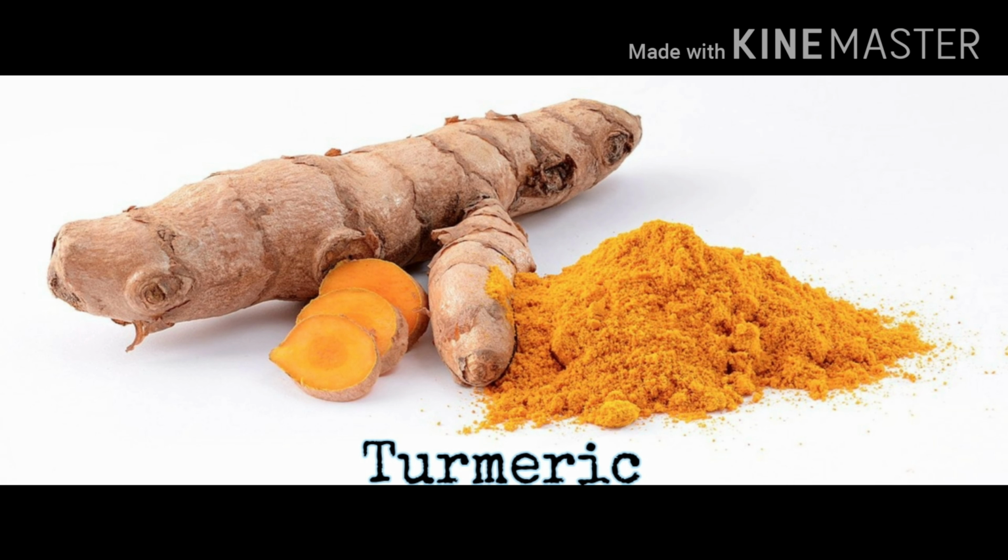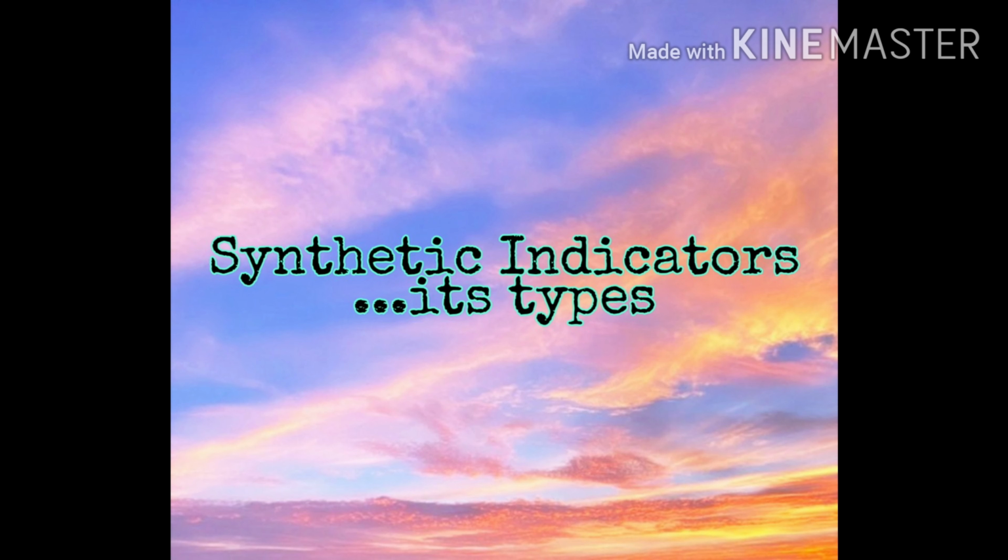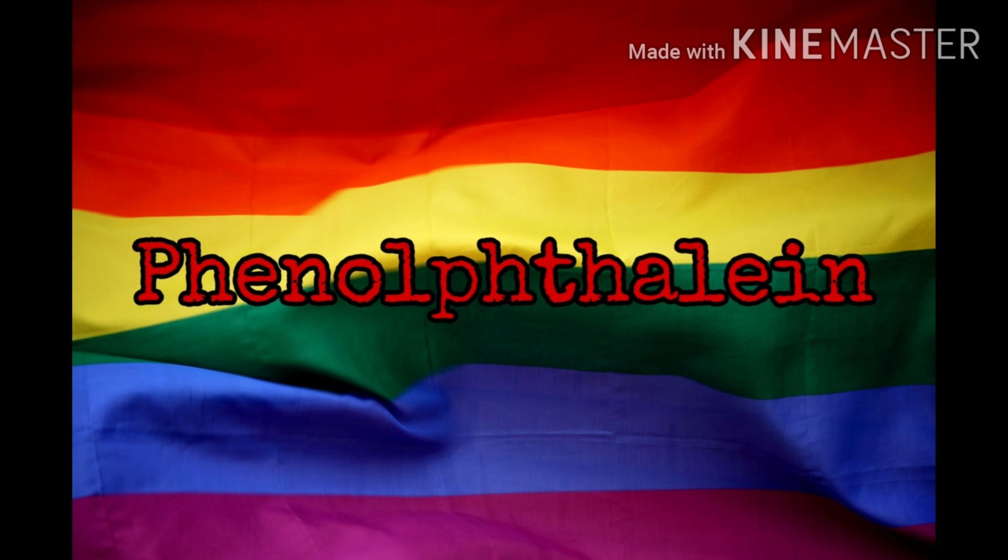Turmeric or haldi is a yellow dye, and in the acidic as well as neutral medium, its color remains yellow. In the basic medium, the color changes to reddish brown.